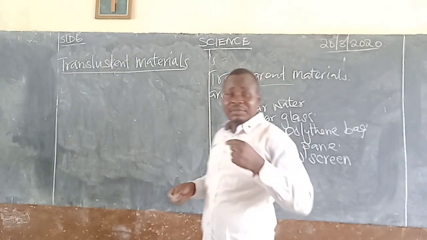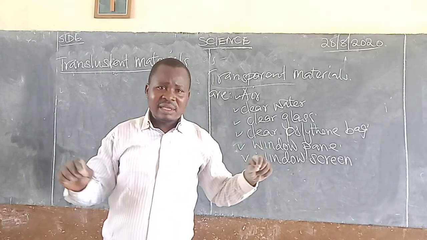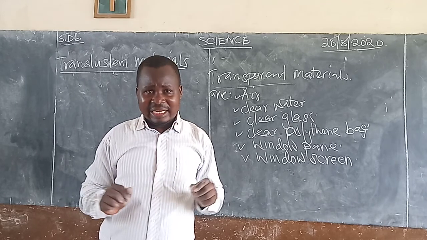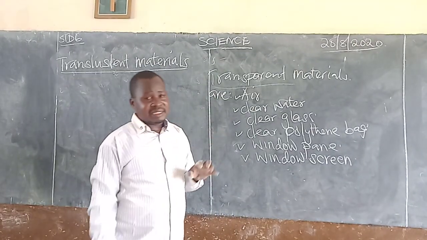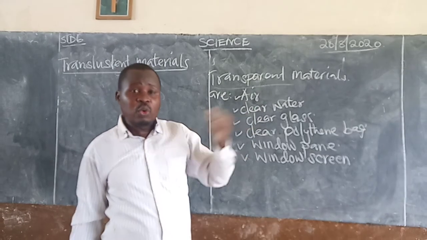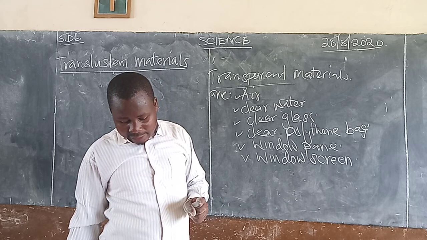You can see something, light passes through, but not so much light. So you can see an object, but not clearly. These materials allow only some light to pass through. Hence, you cannot see something clearly.